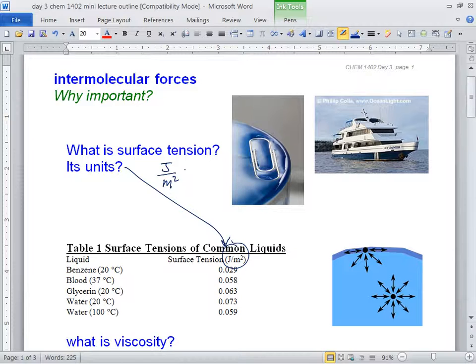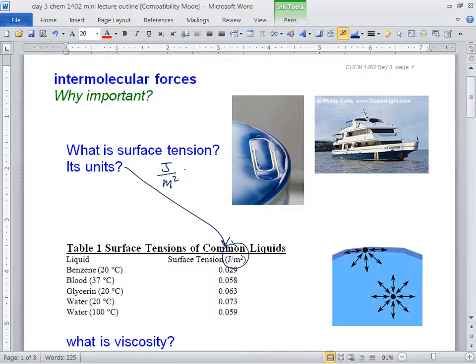Cameron. Meters squared. Now, meters was distance. I heard someone say distance. But this is meters squared. Area. So joules per meter squared is energy per unit area. So surface tension is what you're physically trying to do.